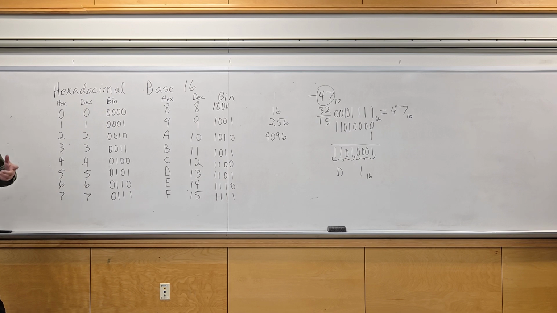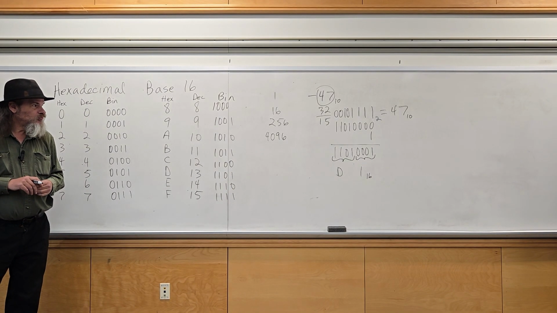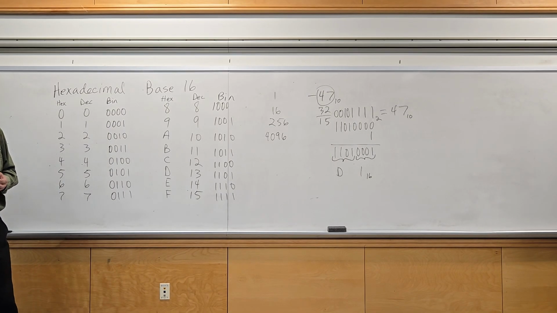If it's unsigned, it's just calculated as normal, without doing the 2's complement.